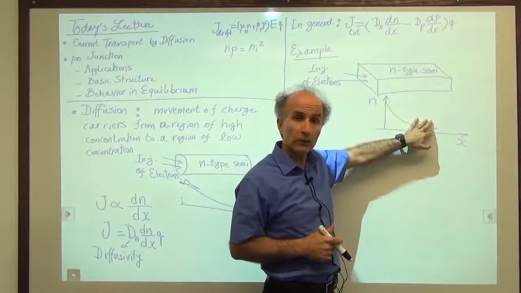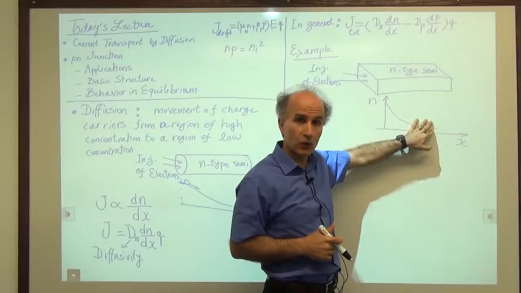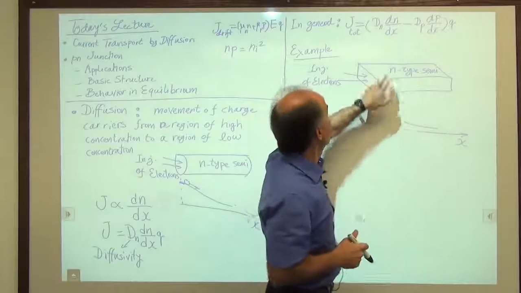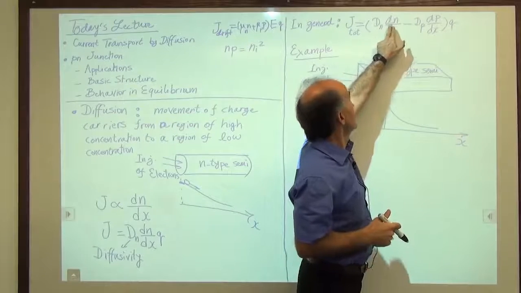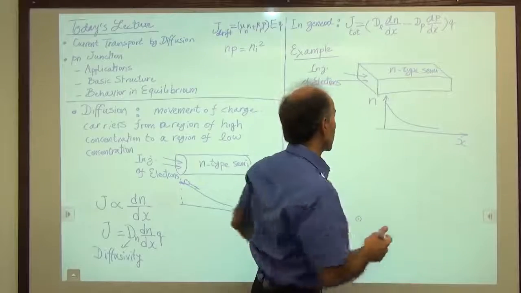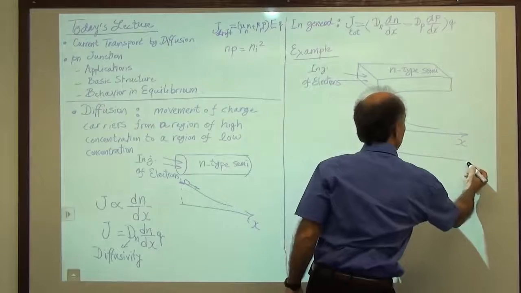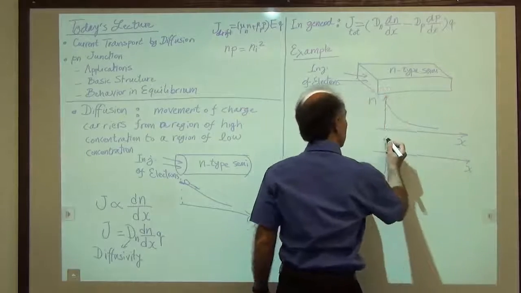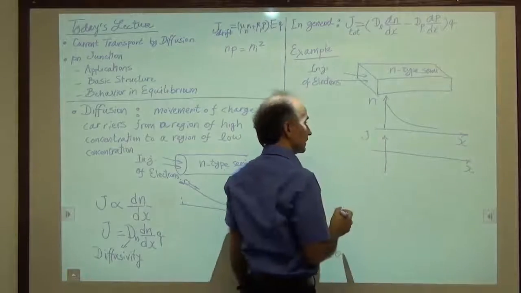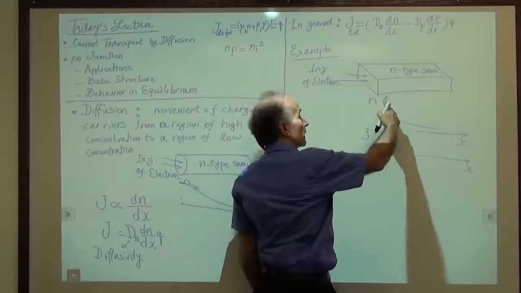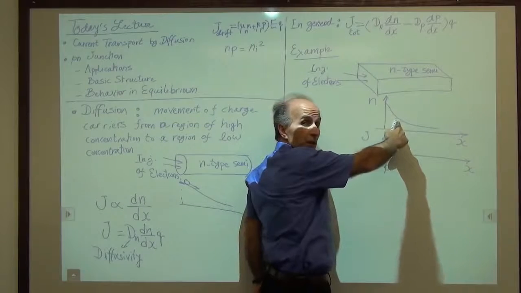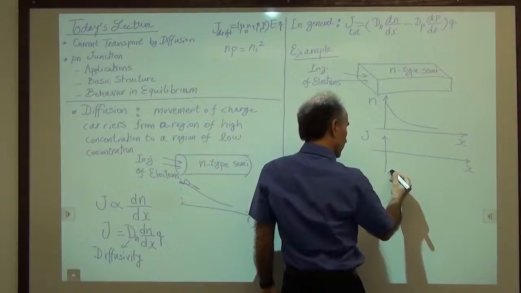So what we would like to do is plot the resulting diffusion current. Okay, no problem. It's just this, D_n times dn over dx. So the diffusion current density J would be, because the derivative is negative, the current is negative.